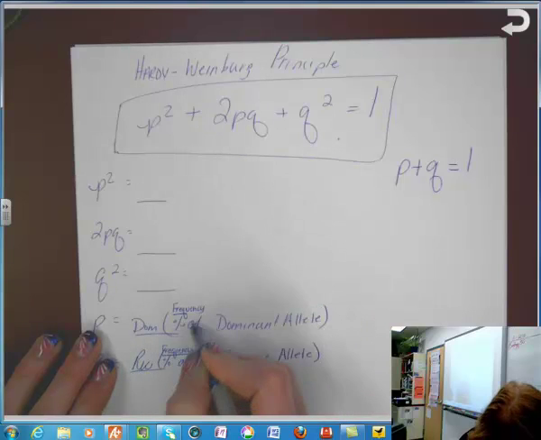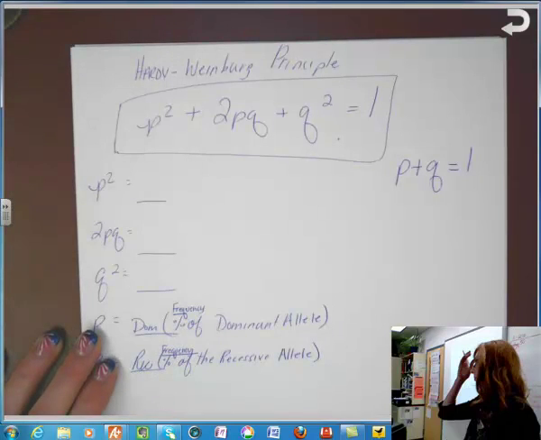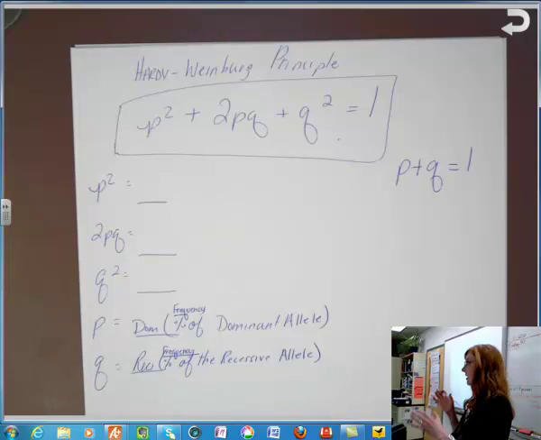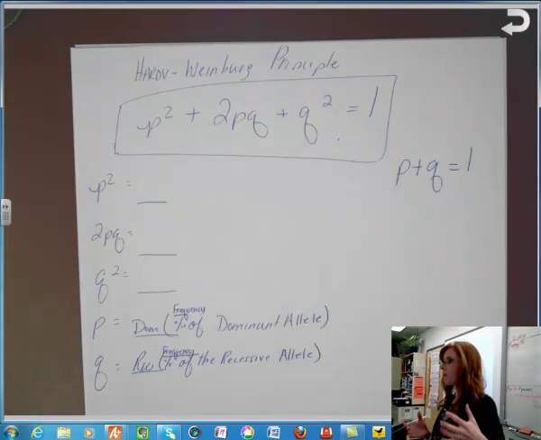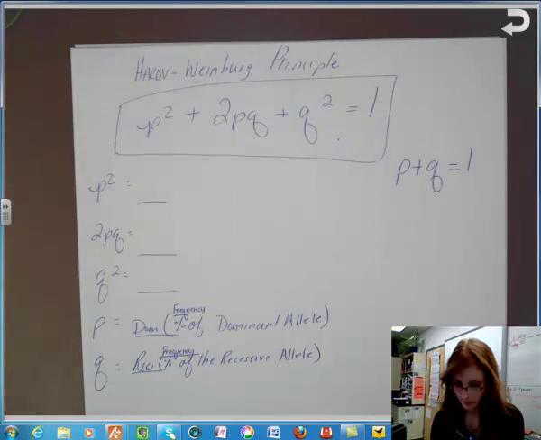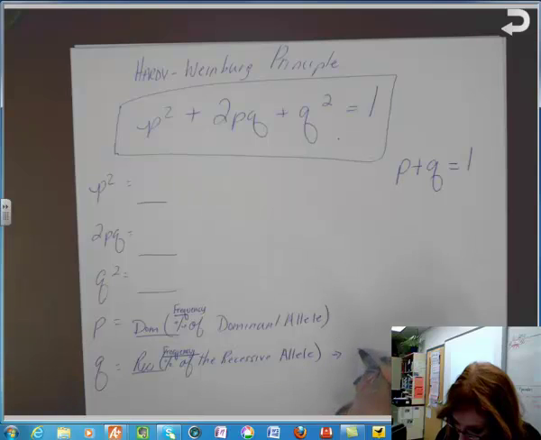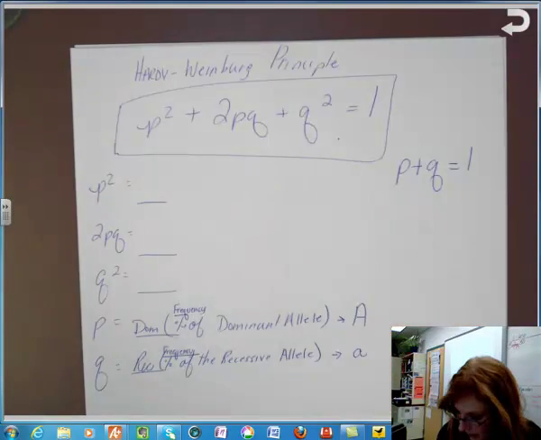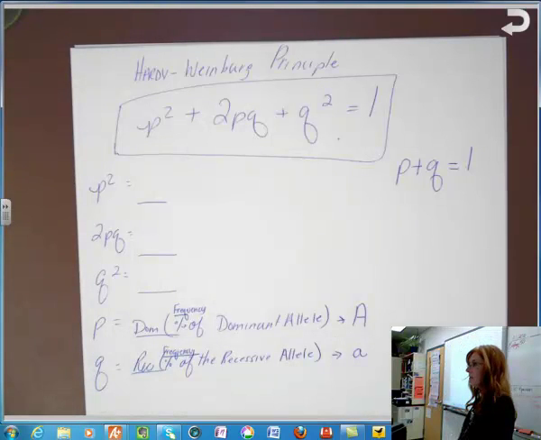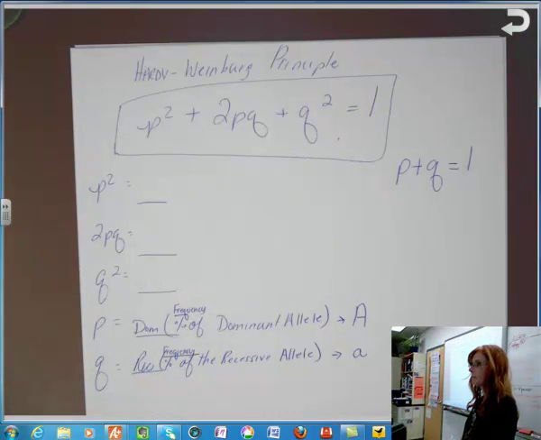So I could say, what's the frequency of the dominant allele? But if I'm asking for p or q by itself, I just want all of the possible little a's and all of the possible capital A's. So this would essentially code out as a little a if we use that as an example, and that would simply be a big A. So far, so good? No one's off the bus?